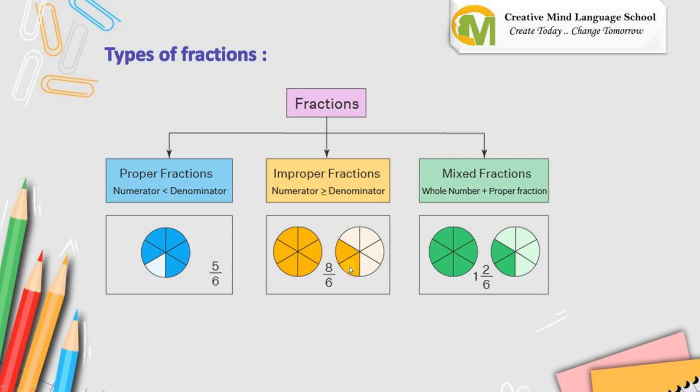I have 8 colored parts. So the numerator is 8. I have 6 parts in the whole circle. So the denominator is 6. I note that the numerator is bigger than the denominator. It's called an improper fraction. When I mix a whole number and a proper fraction, it's called a mixed fraction.